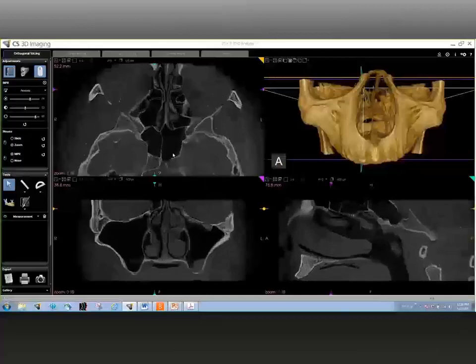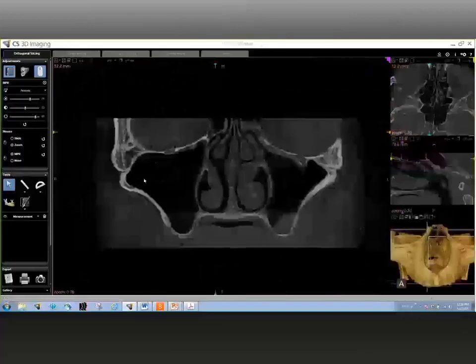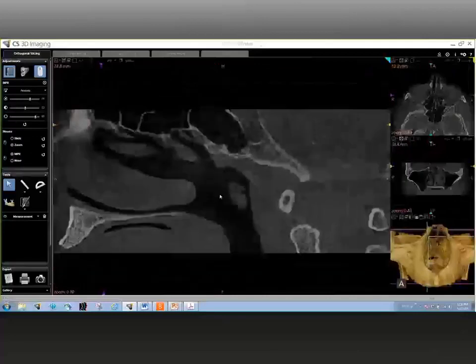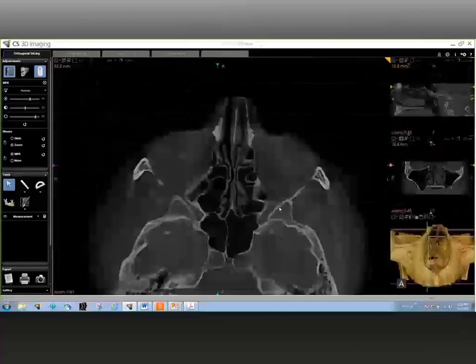Now, as you can see, if you look at the coronal view, you do see the maxillary sinus bilaterally. There you go. You have the right and the left side, and that's the maxillary sinus. And once you go to the sagittal view, which is a much better view to see. Oh, I apologize. Let's go to the axial view. Great.